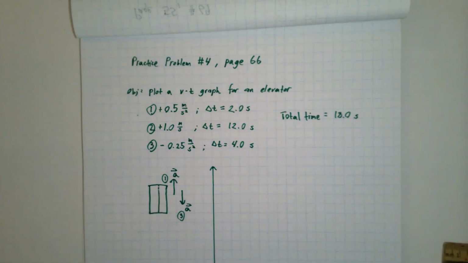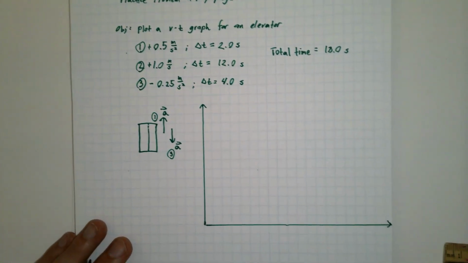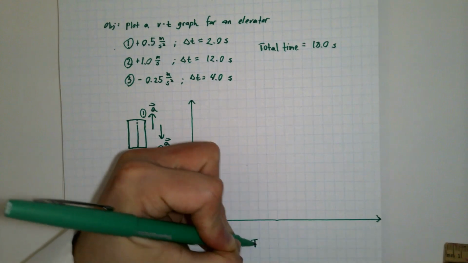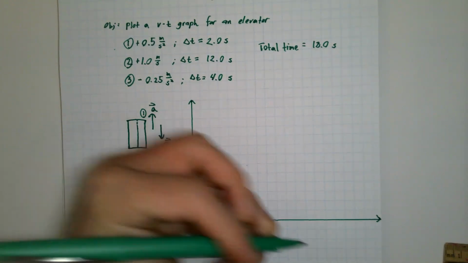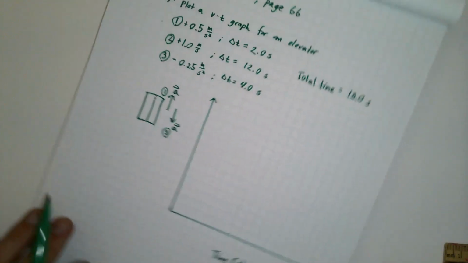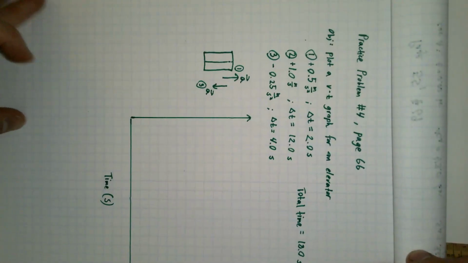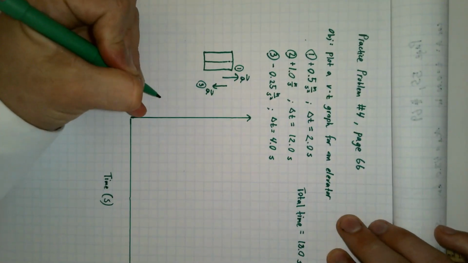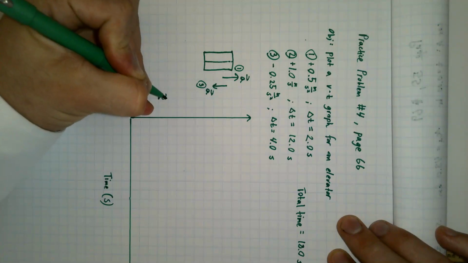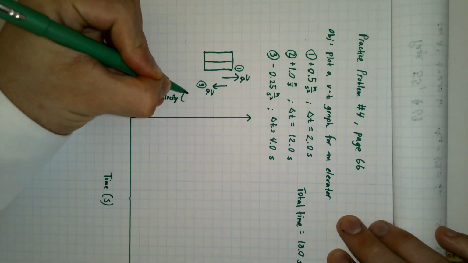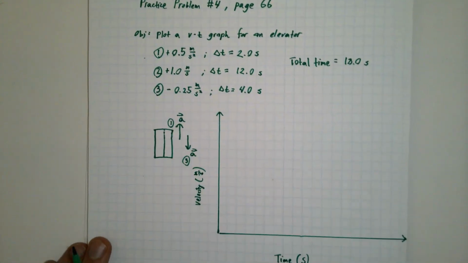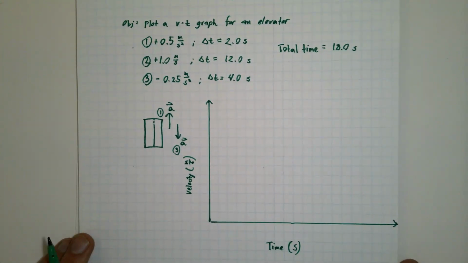Now I need to label my independent axis. That's time as measured in seconds. Label my dependent axis, or my vertical axis, as velocity, as measured in meters per second. Well, what's the range in our independent variable?